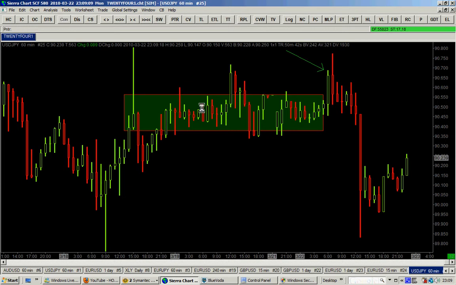You can see the size of these candles within the rectangles, and anytime the price reaches the top of the rectangles, we see this long wick. We see that there is a lot of orders being placed here. People are selling. You don't need any other information.